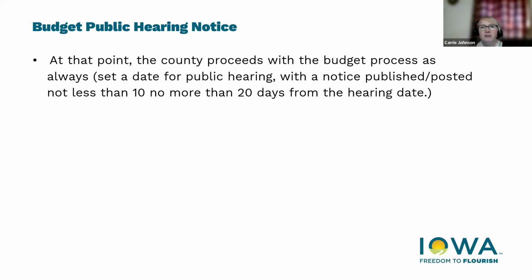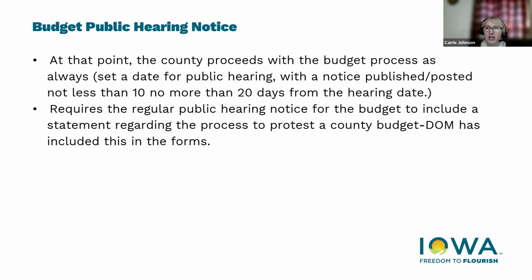You set a date for the public hearing on the full budget. You publish that notice in the newspaper, not less than 10, no more than 20 days before that hearing. You have that hearing. There is some information on the notice itself about the process to protest a budget.